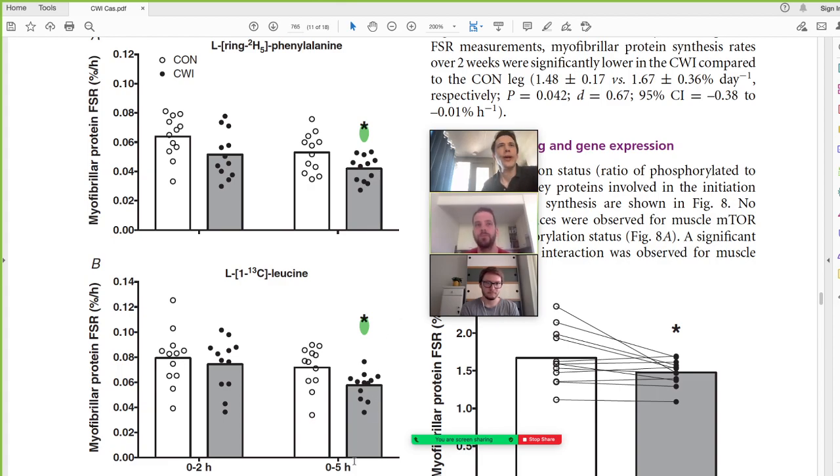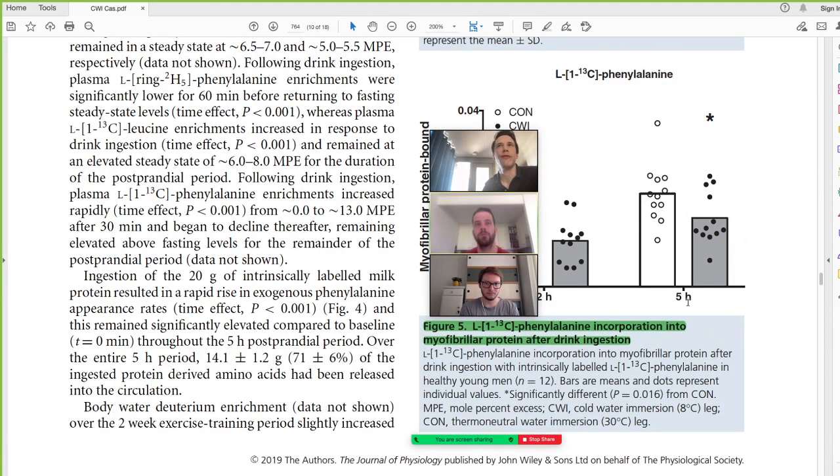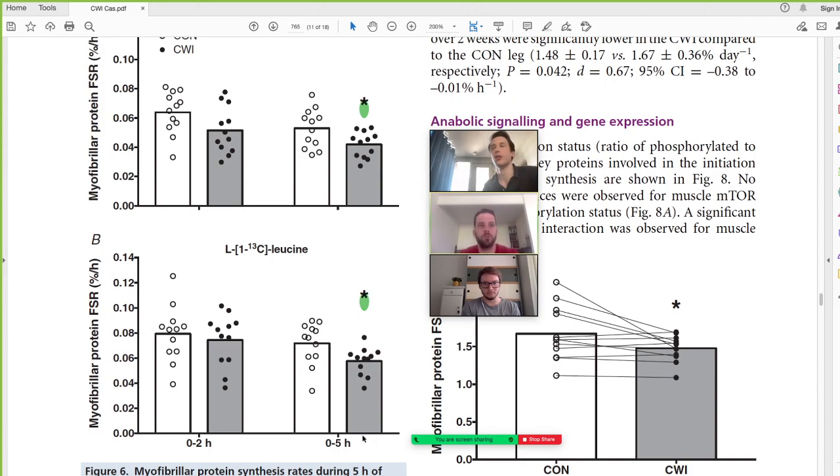So, quick details. Here you see 0 to 5 hours and 0 to 2 hours, whereas before you saw just 2 hours and 5 hours. The difference is that before it was how much of your protein drink was in the muscle after 5 hours. But muscle protein synthesis is a speed. Just as miles per hour or kilometers per hour is a speed, this is a speed over 5 hours.